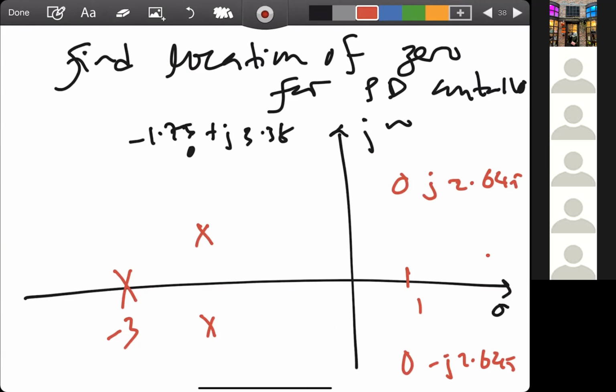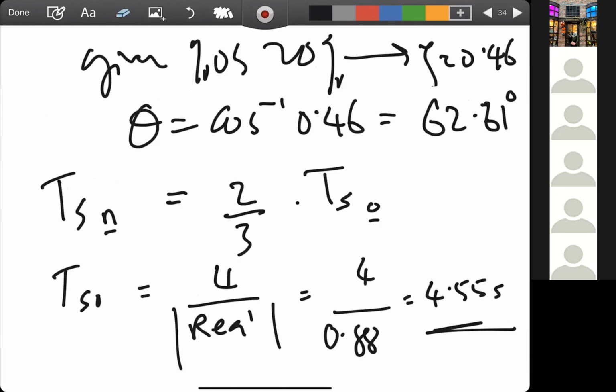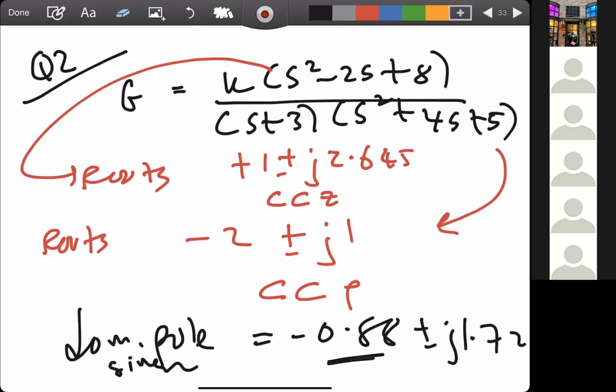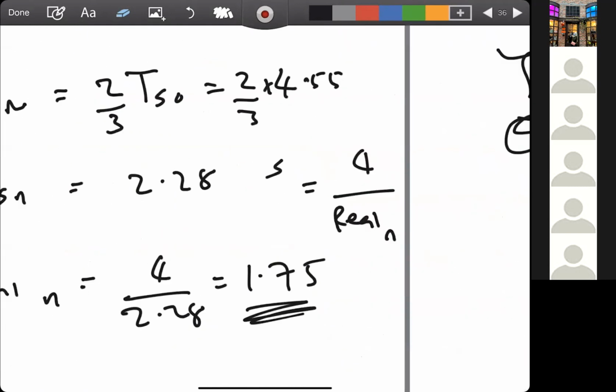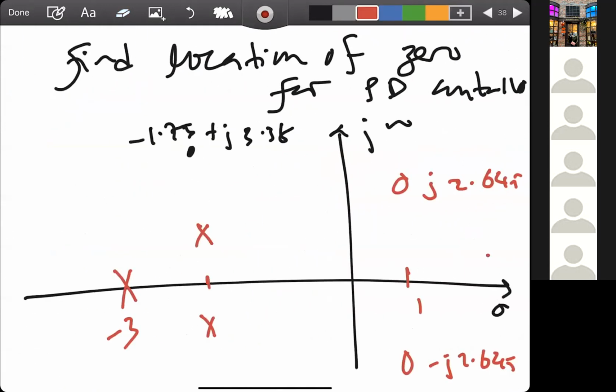And this one, what Si Michin said earlier, -2 plus minus J1. And this is the new dominant pole.